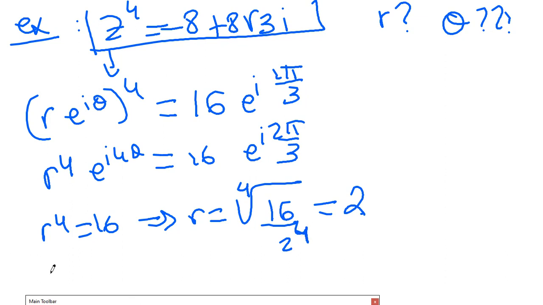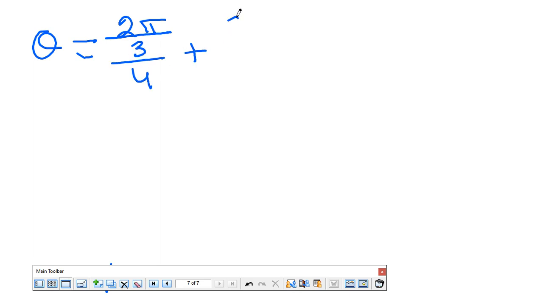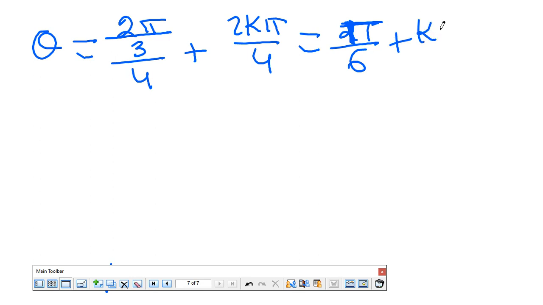And what's going to be for θ? It's going to be 2π/3 plus 2kπ. All we need to do is find all the thetas related to this case. So θ is equal to (2π/3)/4 plus 2kπ/4, which means it's π/6 plus kπ/2.